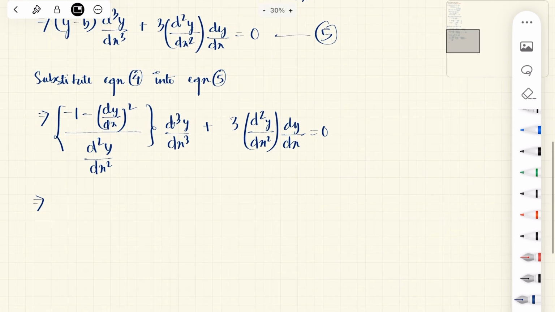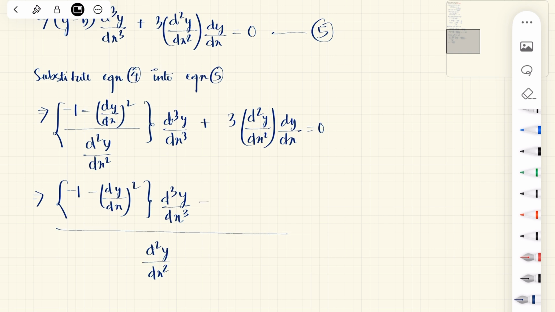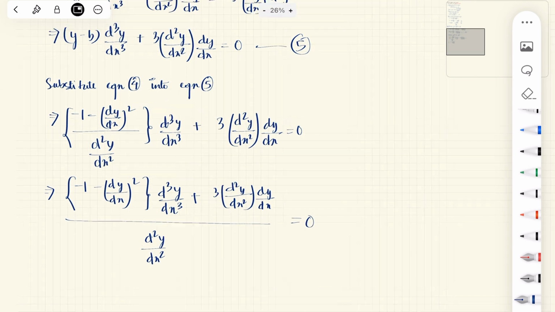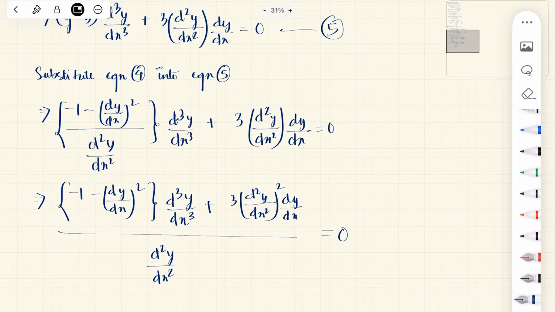So here this becomes d³y/dx³. Plus 3 (d²y/dx²)(dy/dx) = 0. Yes or no? Sorry, it should be a square because we simplified these equations.